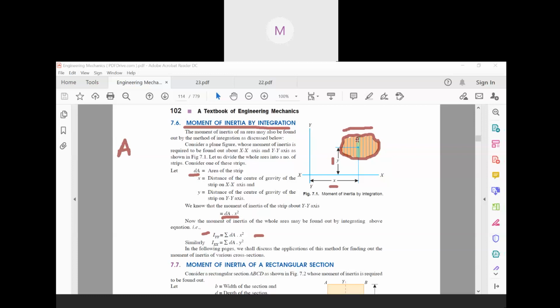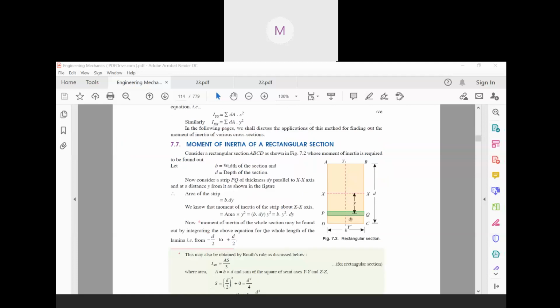For all the parts, it is the summation of dA into x square. Similarly, Ix equals the summation of dA into y square. In this way, we will be finding the moment of inertia. Is it clear?